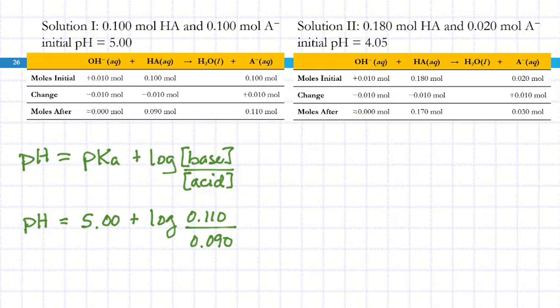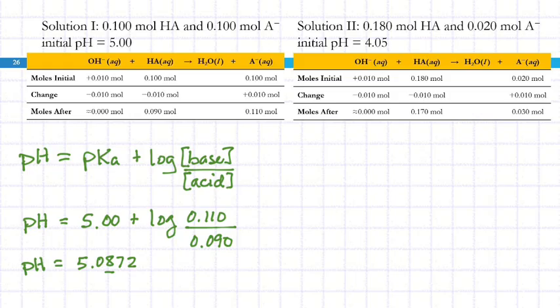Everybody see where I got those numbers? So we can calculate the pH. It's going to be 5 plus the log of 0.11 divided by 0.09, which is 5.0872.